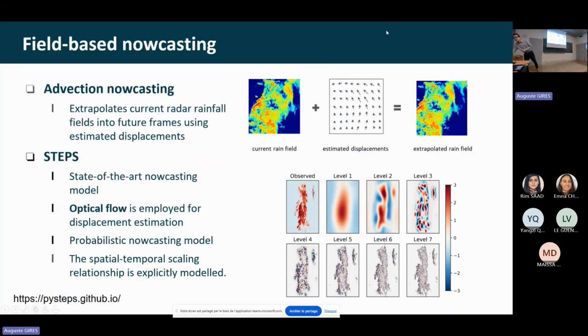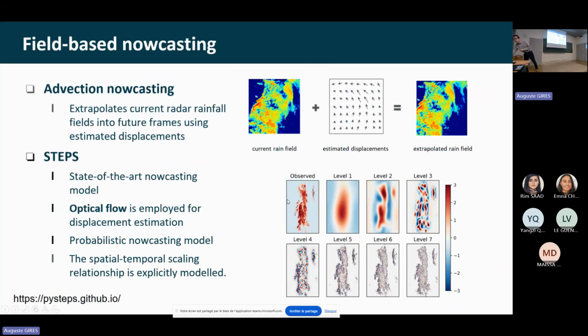The most state-of-the-art method based on this is called STEPS. I think you have probably heard about STEPS several times. It's also based on a similar idea, however, it does so in a neater way. It first uses a fast Fourier transform to separate the rainfall features of your radar image at different spatial scales.